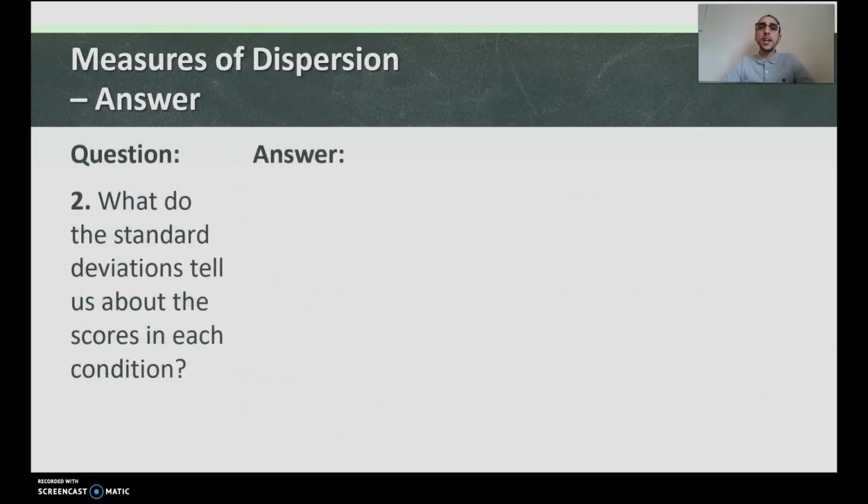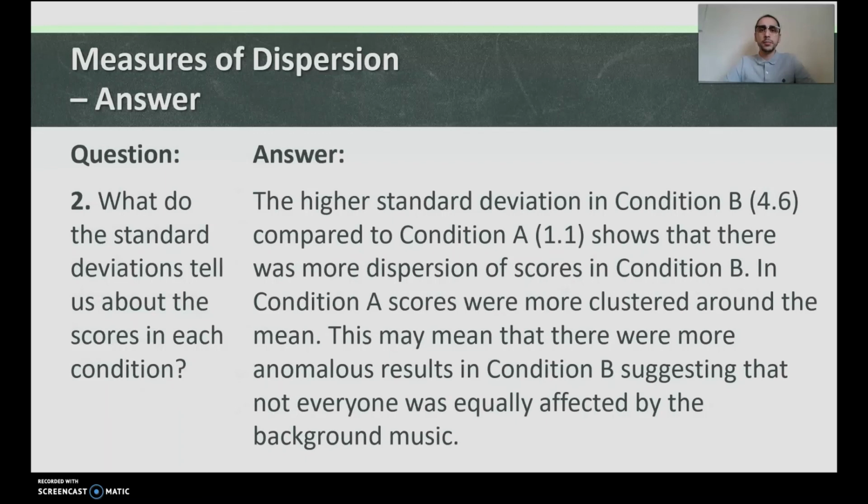What does the standard deviation tell us about the scores in each condition? The higher standard deviation in condition B of 4.6 compared to condition A, 1.1, shows that there was more dispersion of scores in condition B. In condition A, scores were more clustered around the mean. This means that there were more anomalous results in condition B, suggesting that not everyone is equally affected by the background music.